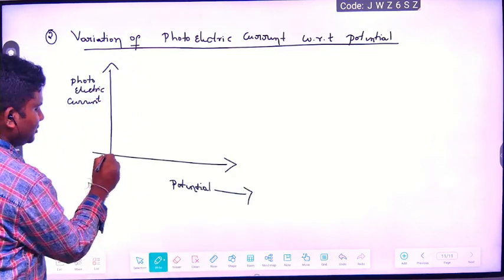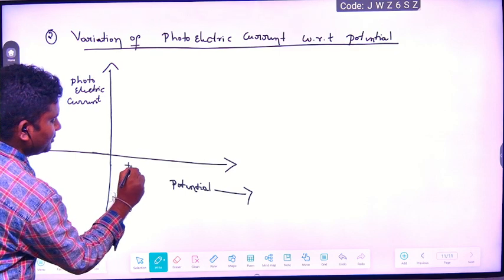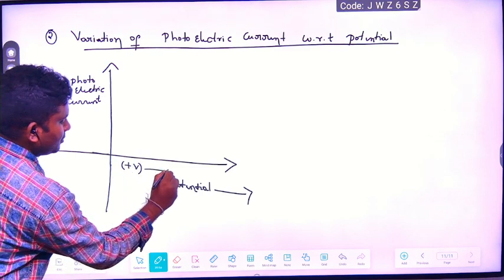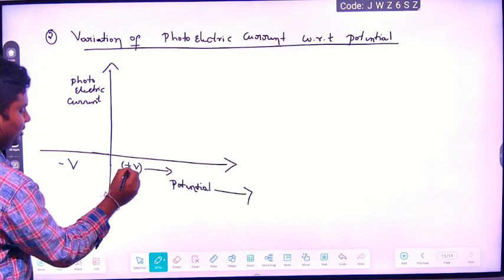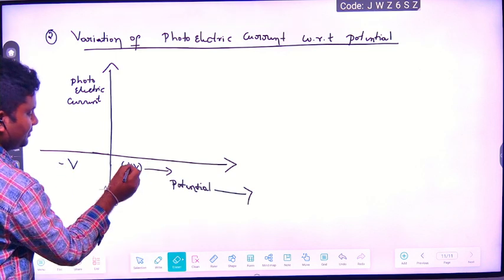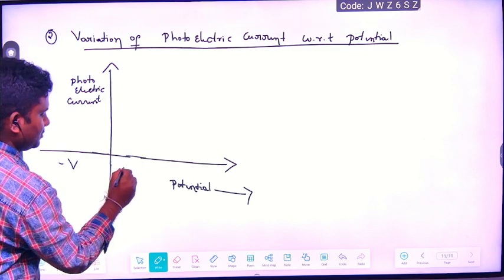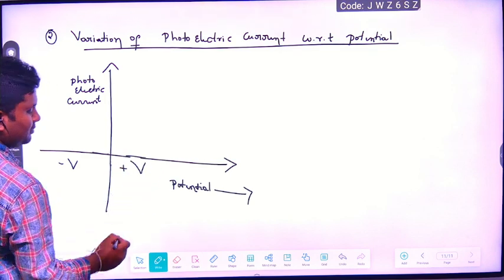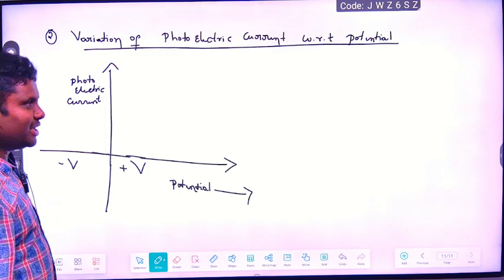So here it is positive potential and here it is negative potential, negative V. Here it is positive V. V is potential. Understood? Where will we give potential?